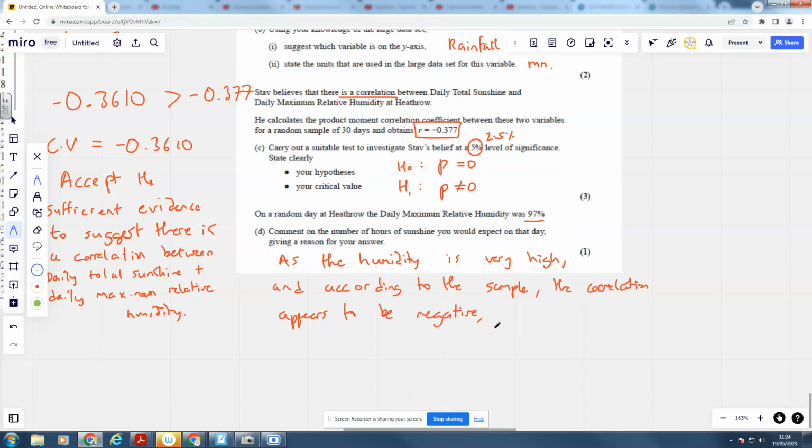My conclusion is going to be that we would expect less sunshine than normal on this day. Or should we say less sunshine than average on this day?